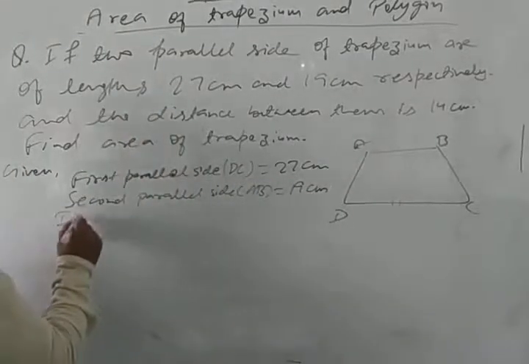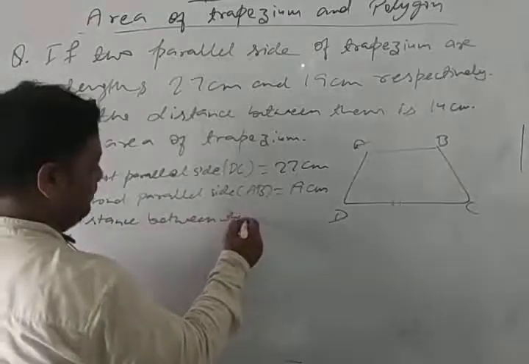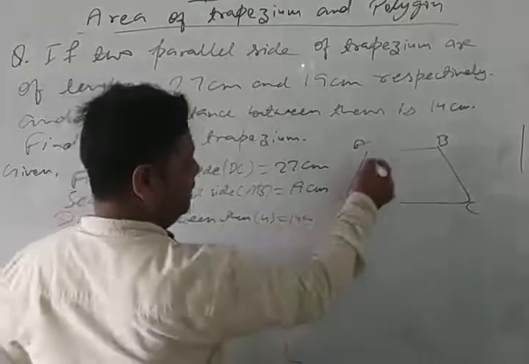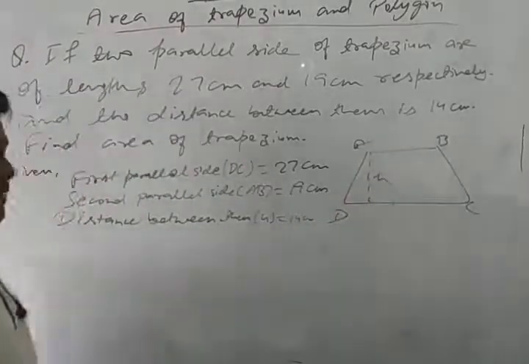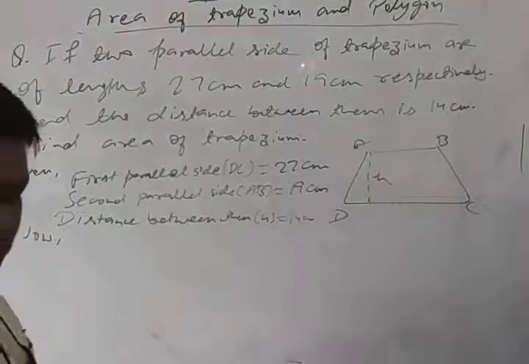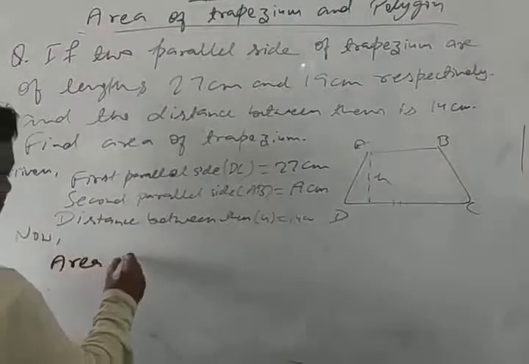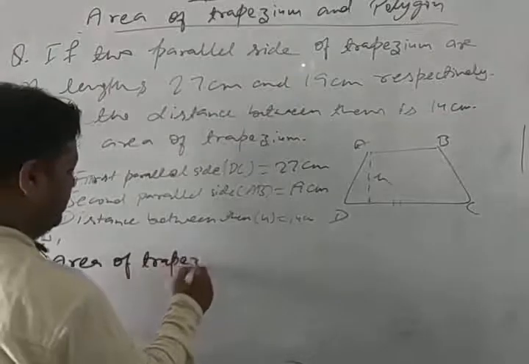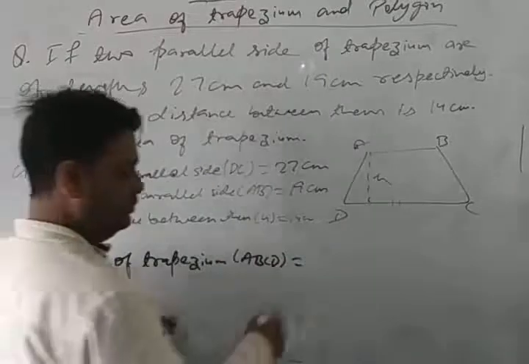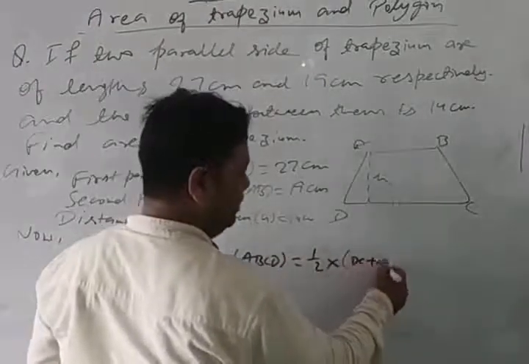And now the distance between them, meaning the height, is given as 14 centimeter. So this is the height. Now we will use the formula. Here we can write area of trapezium ABCD is equal to 1/2 into sum of parallel sides, that is DC plus AB or AB plus DC.